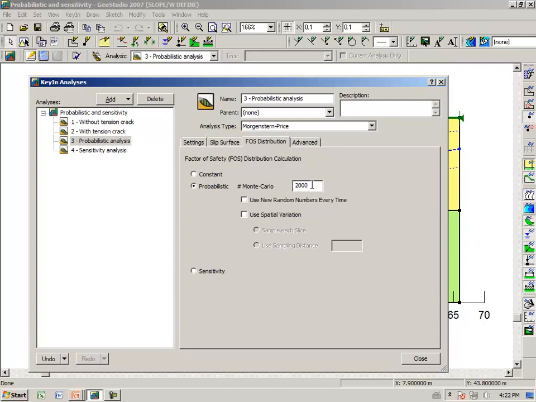In this particular simple example, we will do 2000 Monte Carlo analyses on the trial slip surface, and it is here where we can select spatial variation, sampling each slice, or specifying some sampling distance. In this illustrative example, we will not do any spatial variation, so we will just do a probabilistic analysis.